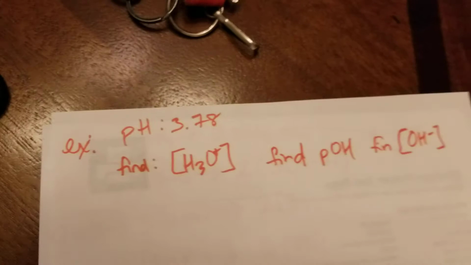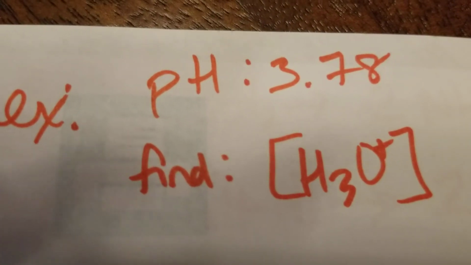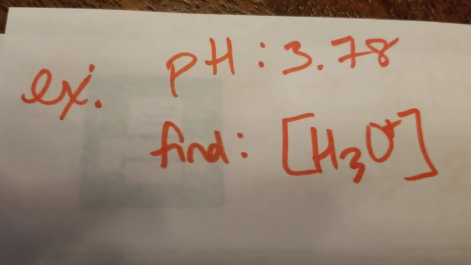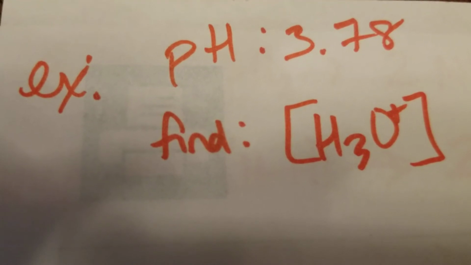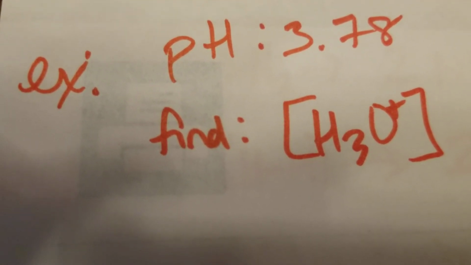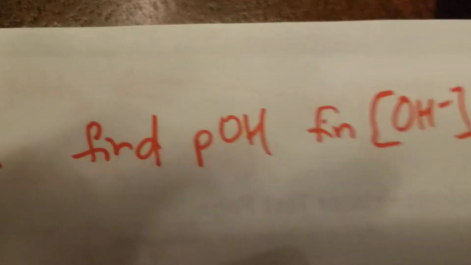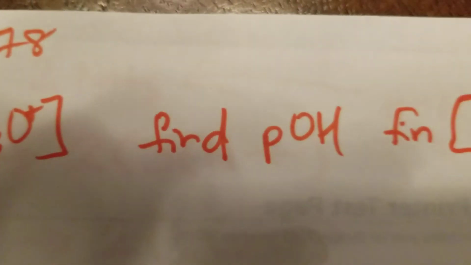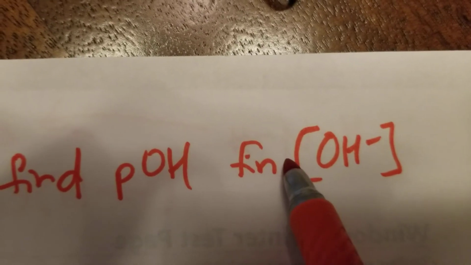Okay, so with that being said, let me do one example. Let's say that you are given a pH of 3.78, or you were doing some kind of lab and you put in a pH probe and the pH probe said that the pH was 3.78. Your job is to find the concentration of H3O plus, find pOH, and find OH minus.